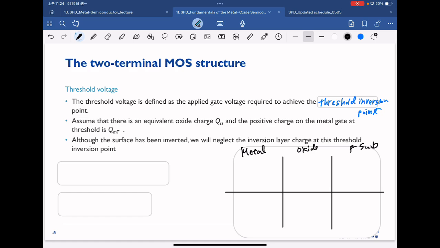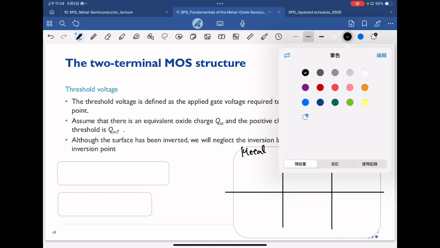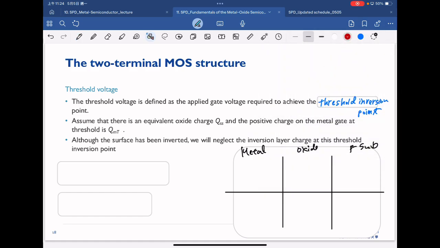So now we assume there is a surface charge Q_SS prime. But now we also assume there's a positive charge on the metal, which is Q_MT prime, because we apply the positive bias on the metal side, so we can assume there's a positive charge on the metal.